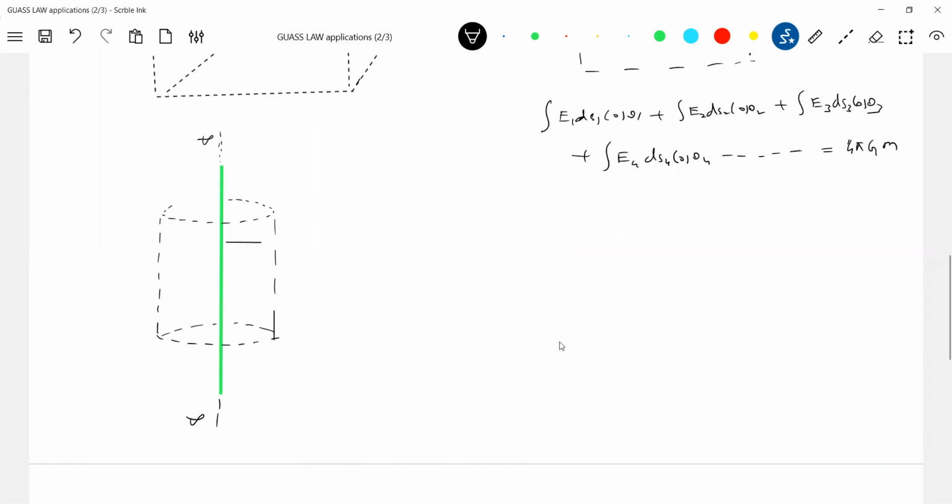Let it be R. The length of the Gaussian cylinder, let it be L. Then we know how E bar is; I'm asking you to assume a surface like this. Let this be E bar, and this is n cap, and this is ds.